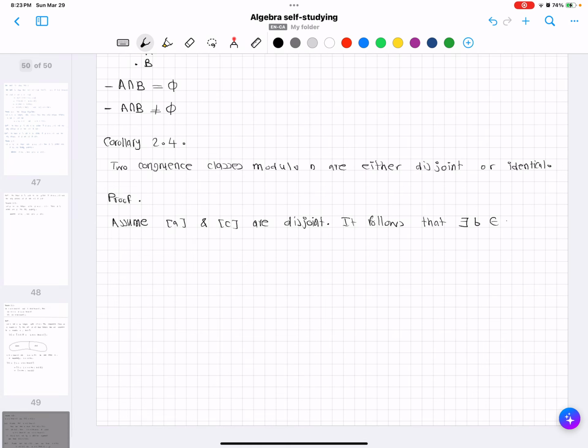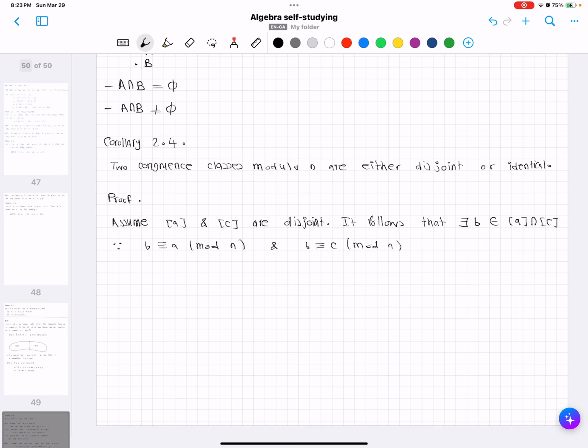There exists a B inside of the intersection of A with C. So therefore B is congruent to A mod n, and B is congruent to C mod n.